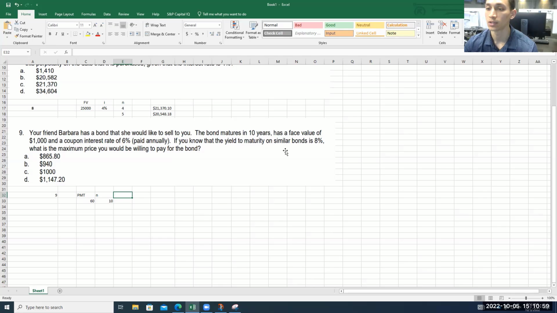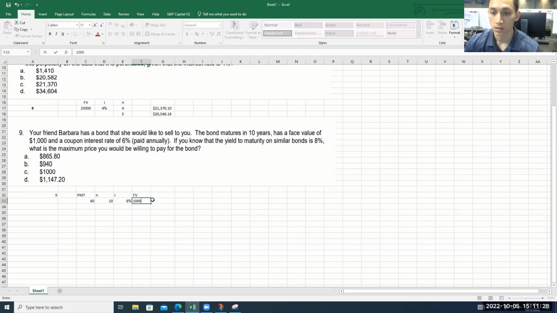That's going to be the similar yield to maturity, which is what we're going to want to use. The bond does have a face value of $1,000, which means that the future value is going to be $1,000. And we're actually looking for a present value because we want to know how much we're going to be willing to pay for the bond.